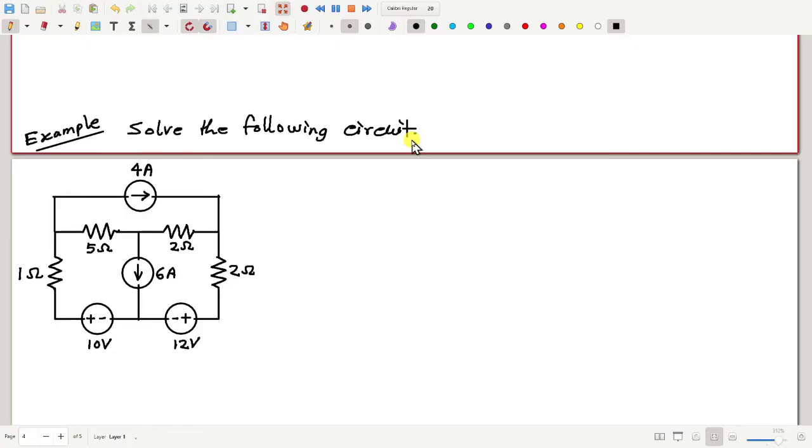How? We will learn several techniques for solving more difficult circuits. The first method that we are going to learn is called the superposition method or superposition principle.